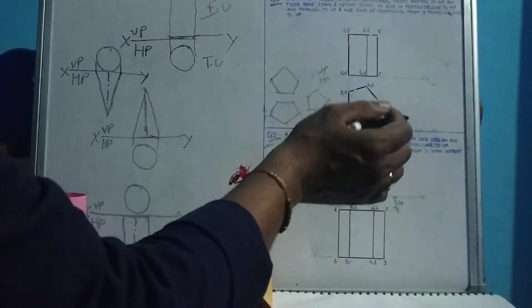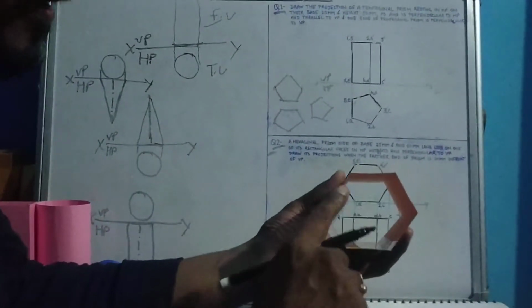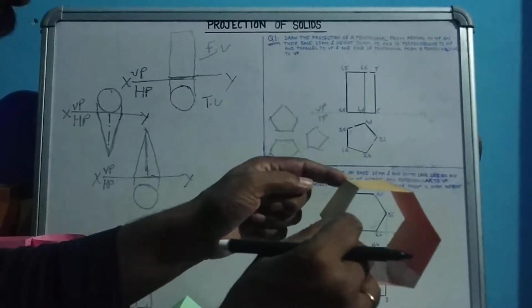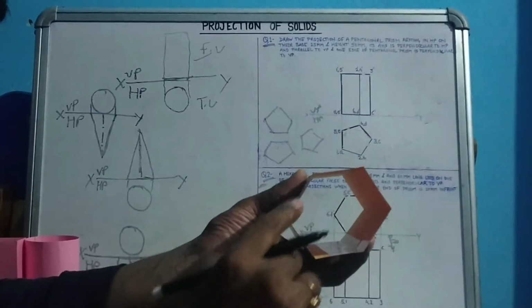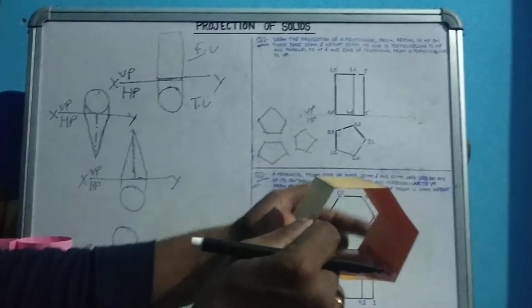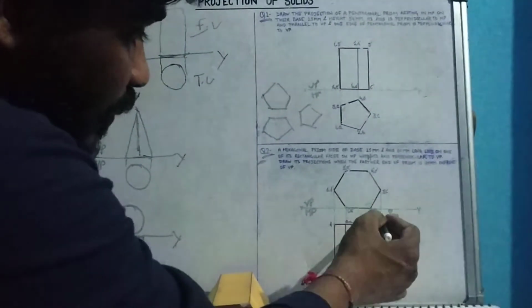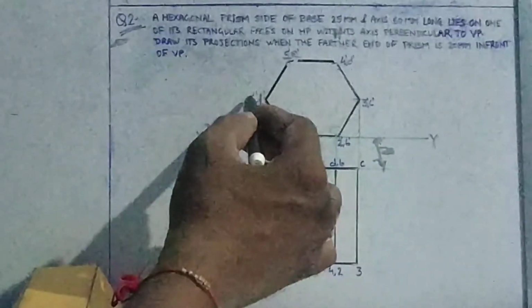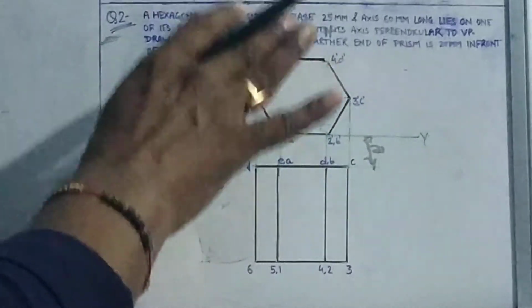Close it. Now when we view from the front, consider the front faces 1, 2, 3, 4, 5, 6 and the back faces A, B, C, D, E, F. So here it is written 1 and A, 2 and B, 3 and C, 4 and D, 5 and E, 6 and F, and hence this shape is drawn on the VP plane.